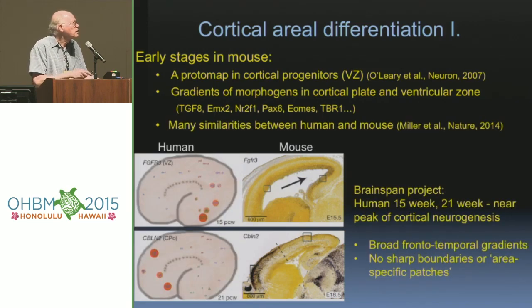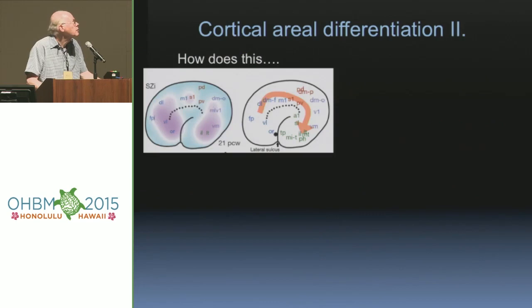And that's true in the intensively studied mouse, but also in the developing human cortex, especially through the efforts of the BrainSpan project that has studied gene expression patterns from as early as 15 weeks until much later, showing, again, as in the mouse, broad gradients of morphogens without obvious sharp boundaries to identify candidate distinct areas.